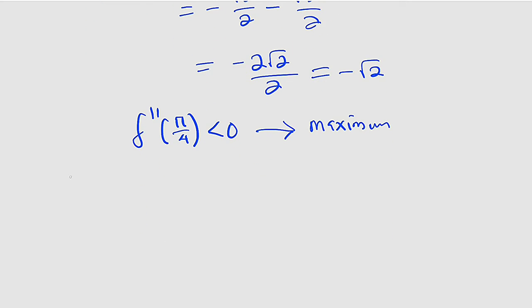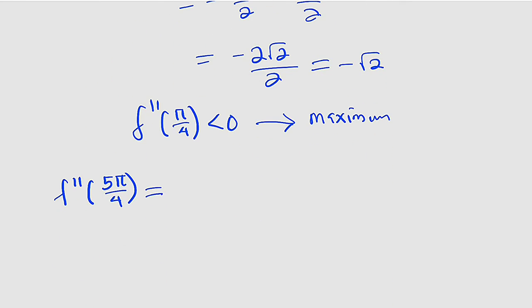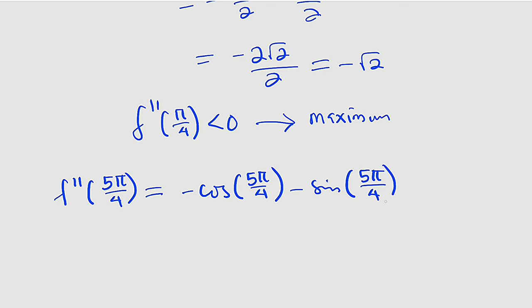So let's test the other one. F double prime of 5 pi divided by 4 will be equal to negative cosine of 5 pi divided by 4 minus sine of 5 pi divided by 4. Cosine of this will give us negative root 2 divided by 2, so we have the negative outside already. So we have negative root 2 divided by 2 minus, and sine will give us the same value as well, negative root 2 divided by 2.